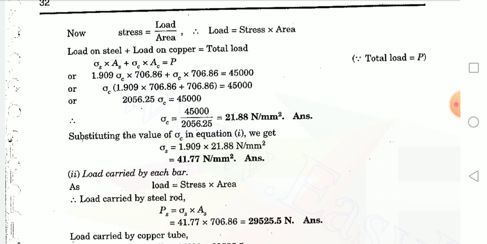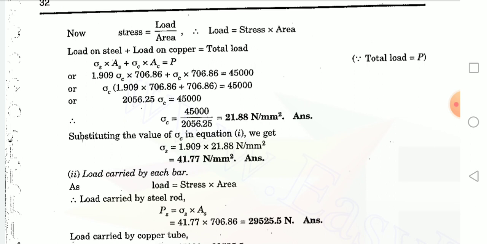Now sigma S equal to 1.09 sigma C into that area, plus sigma C into the area of copper tube. So now we want to find only one unknown, that is stress in the copper tube, sigma C.